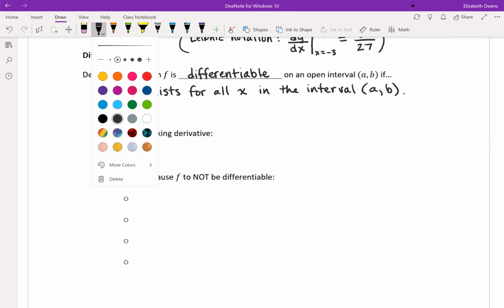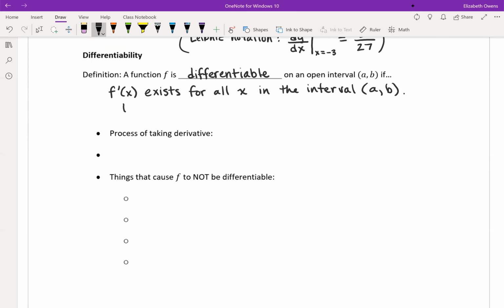Now for the derivative to exist, keep in mind that our definition of the derivative is a limit, the limit as h approaches 0 of f of x plus h minus f of x over h. So that limit must exist in order for the derivative to exist. So it's literally a does the limit exist or not type of problem.